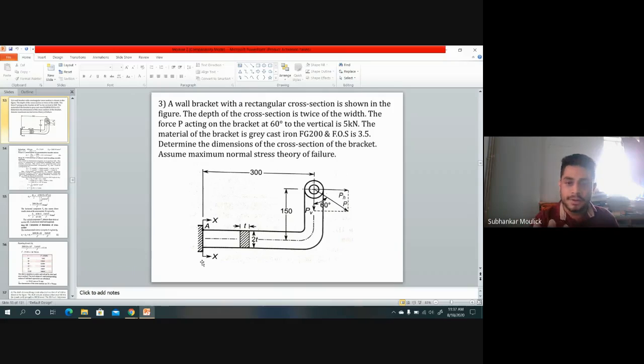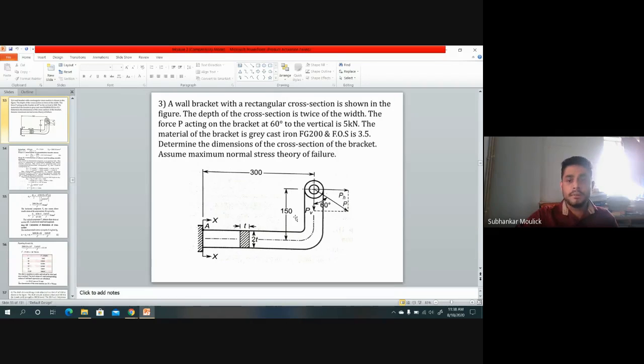That means in this particular problem, force P is making two components. One is component PH, the horizontal component, whose value is P sin 60, and another one is the vertical component PV, whose value is P cos 60. This P sin 60 alone is creating tensile stress in the entire problem, or at section XX.